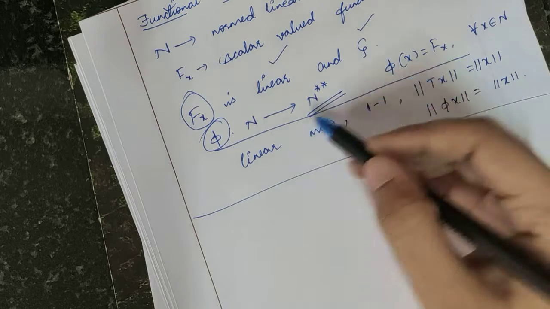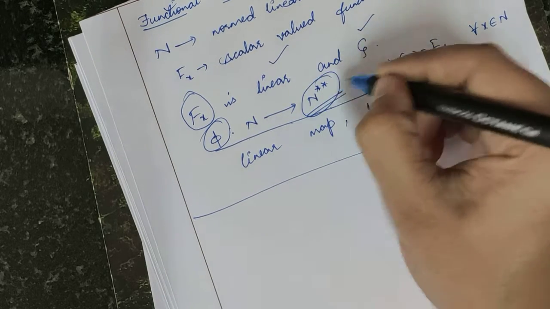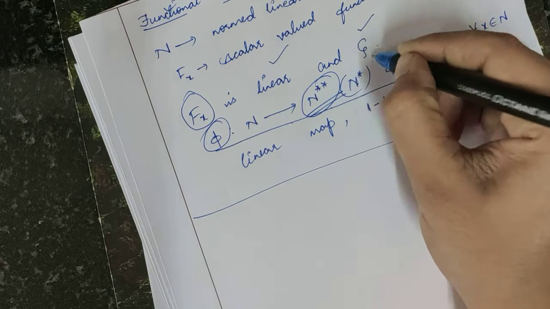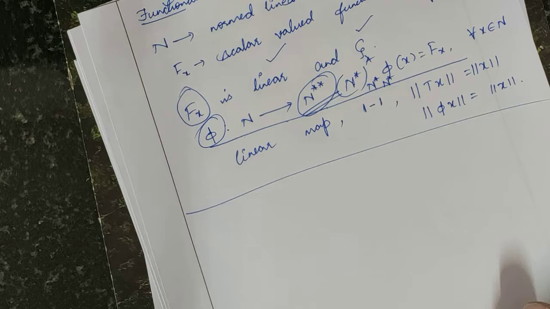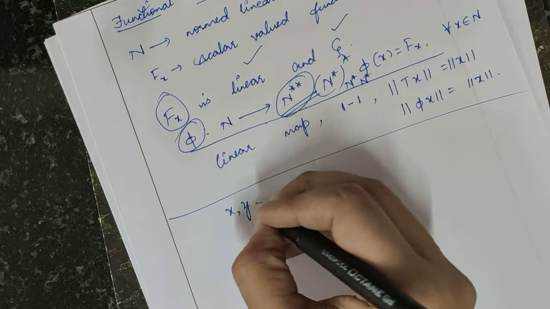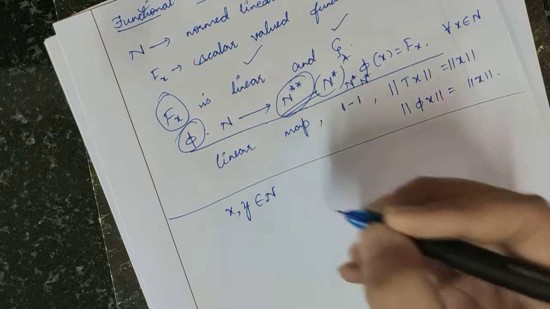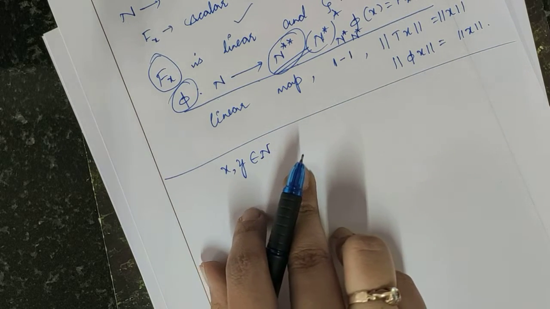So the mapping is phi from N to N double star. I can rewrite this as N star whole star or N double star, all are the same. First I will consider two vectors x and y in the normed linear space N. I want to prove phi is one-one.